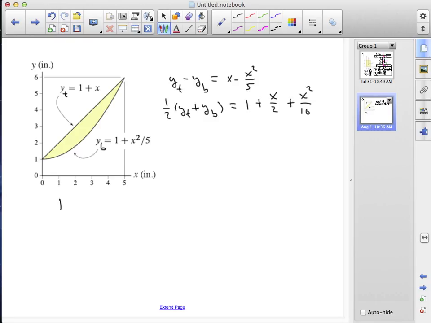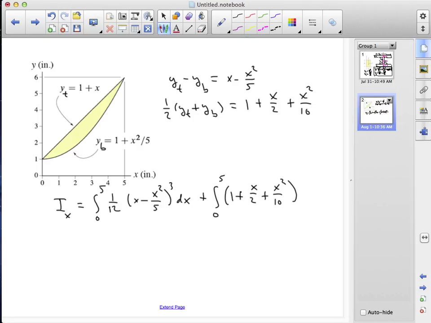Then, using our expression, the area moment about the x-axis is the integral from 0 to 5, 1/12 of y top minus y bottom cubed dx plus the integral from 0 to 5 of y tilde squared times the area increment h dx.